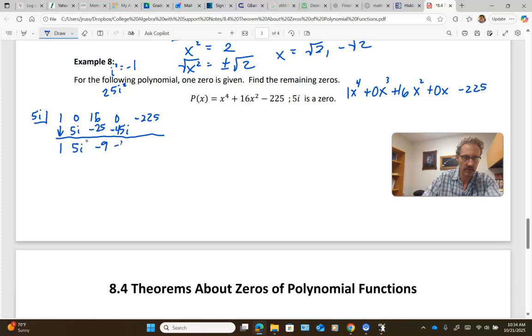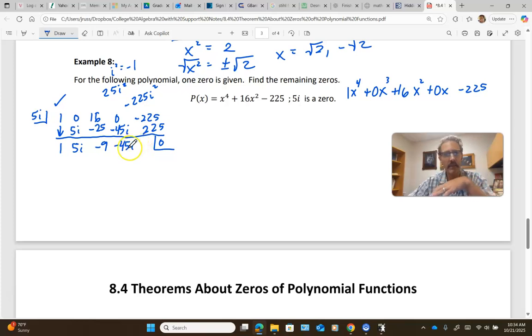Added to 0 will stay -45i. And then again, 5i times -45i will be -225i squared. But again, i squared is -1, so that'll make the -225 positive. And that's what we're looking for anyway, because we know that 5i is a zero. Okay, so that one checks out.